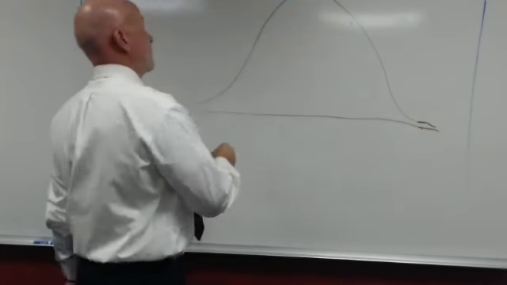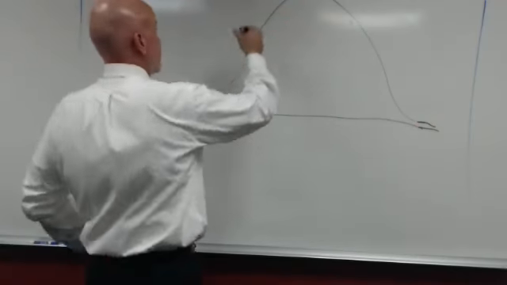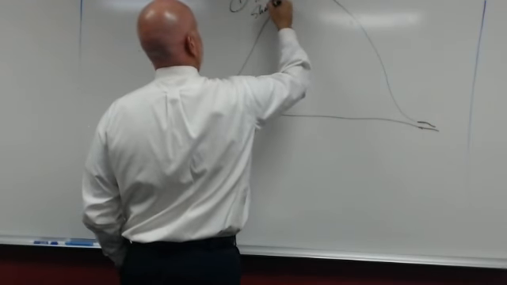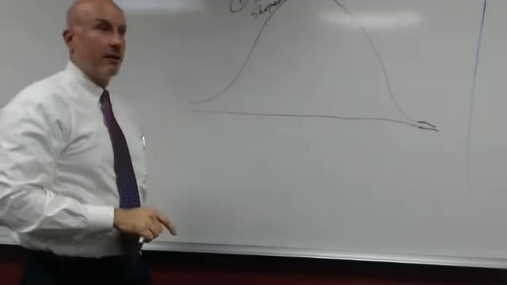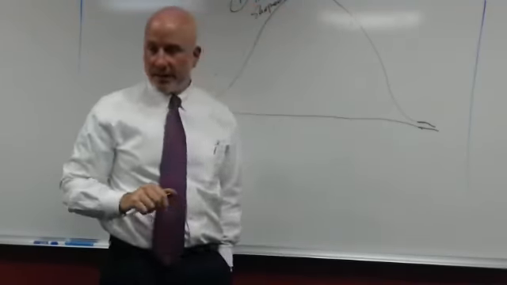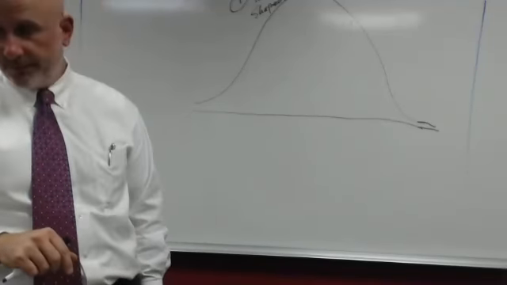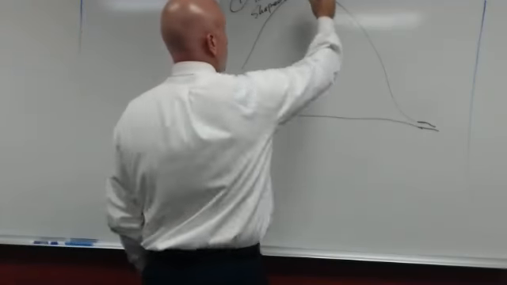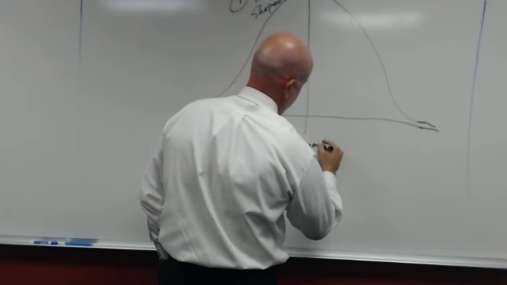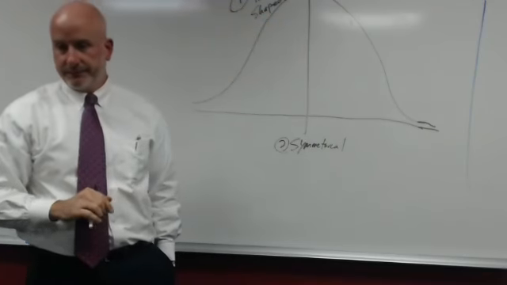First, how is it shaped? Bell-shaped. See where it starts small, goes up to a peak, and then comes right back down. What's the second? Symmetrical. It is symmetrical.